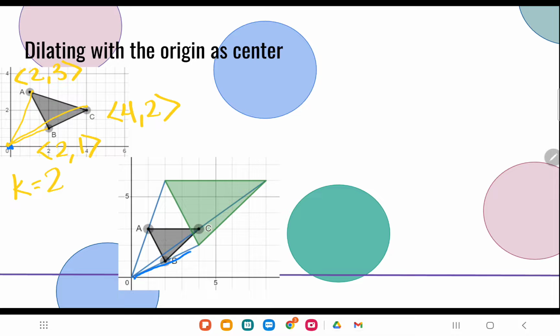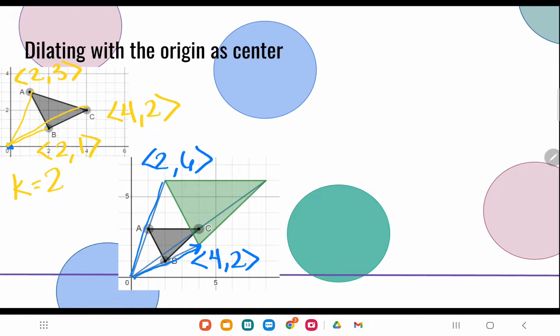So my new vector for B goes to 4, 2. My new vector for A goes to 2, 6.